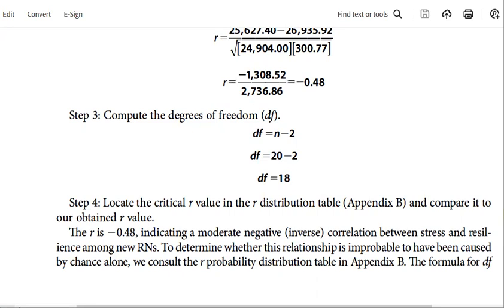So in a subsequent video, I'll show you how to compute this R using SPSS, and you can obtain the exact p-value associated with this R of negative 0.48.